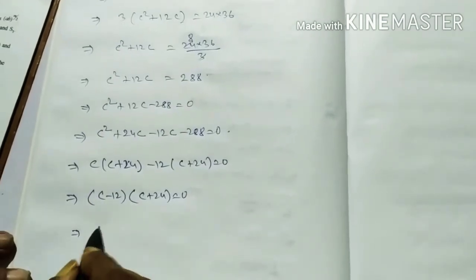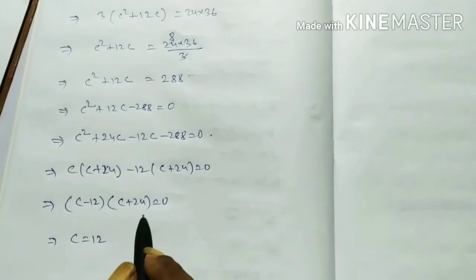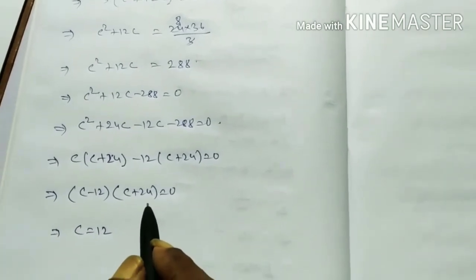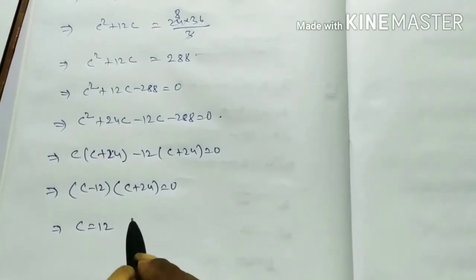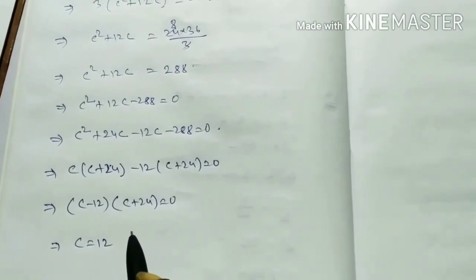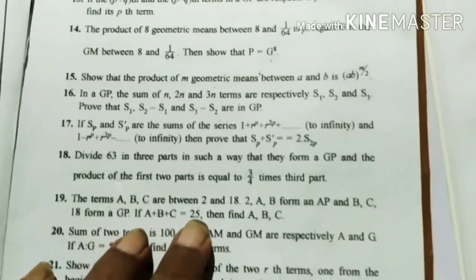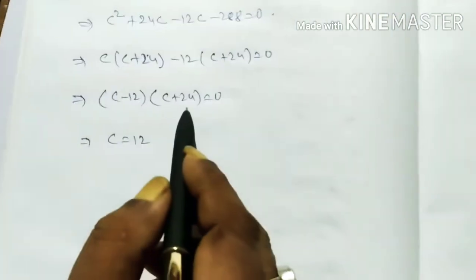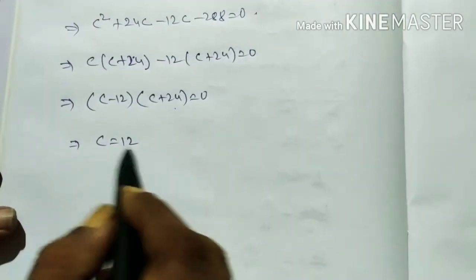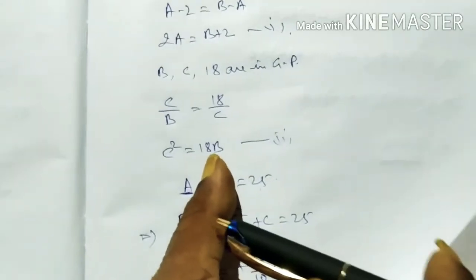So C is equal to 12. C can never be a negative quantity. It will be a positive quantity, because it is given that the values of A, B, C are between 2 and 18. So C will be positive 12. Now I found out the value of C. I am going to find out the value of B.